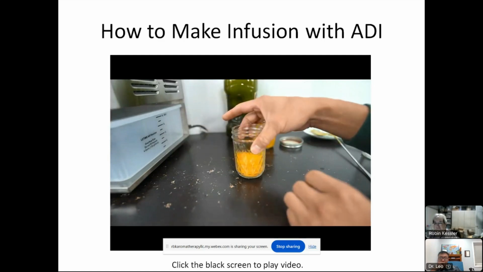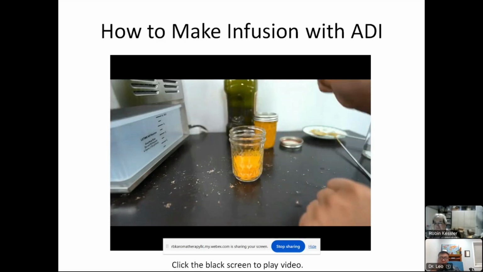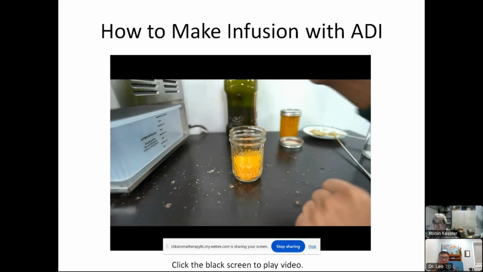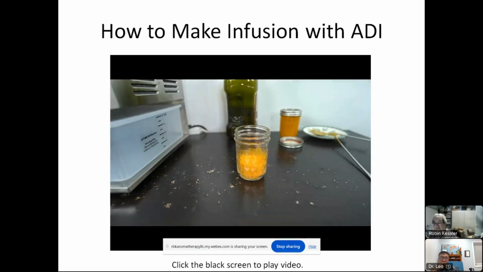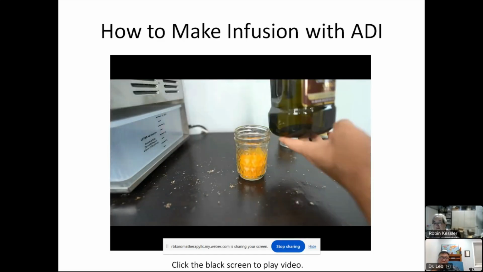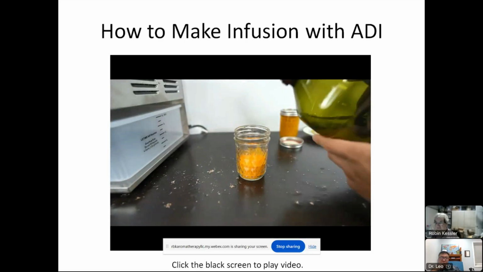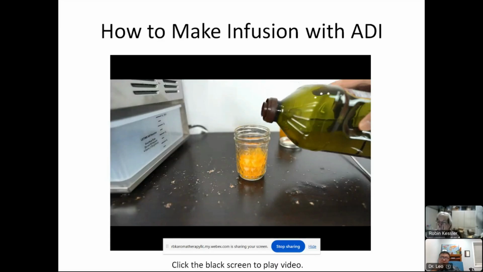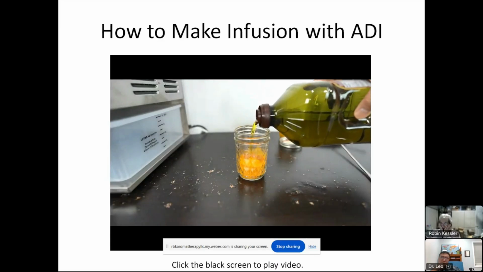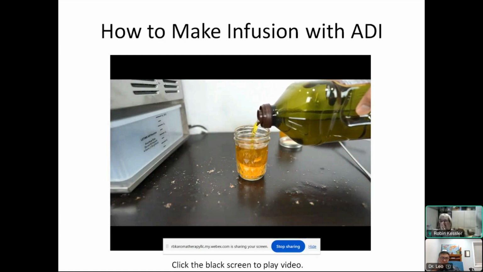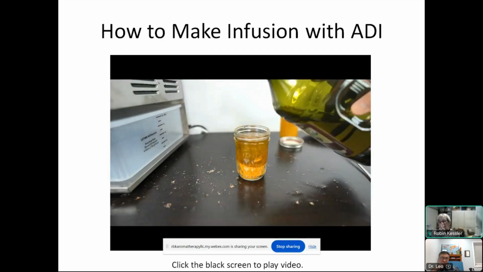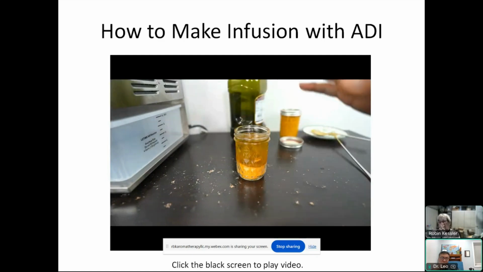The second bottle is the oil infusion. I'm using extra virgin olive oil. Same thing, just pour it in. This is a slightly modified oil infusion method.